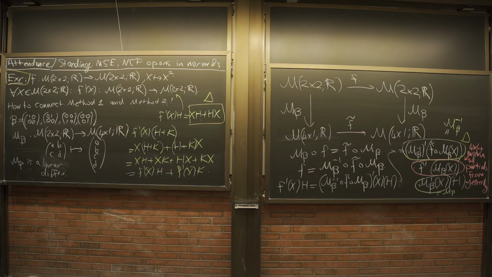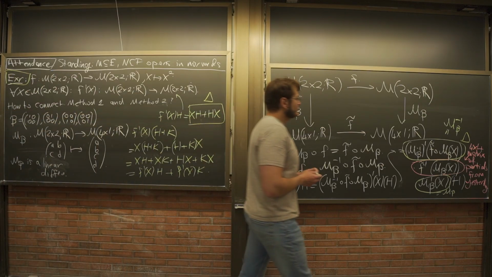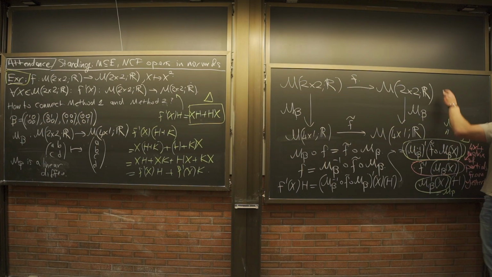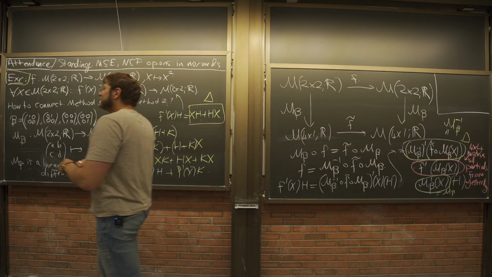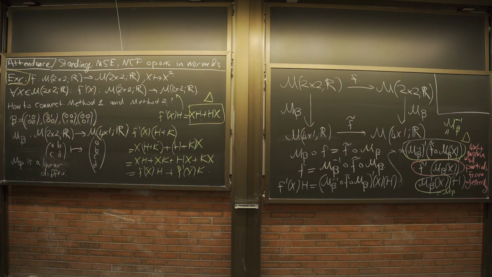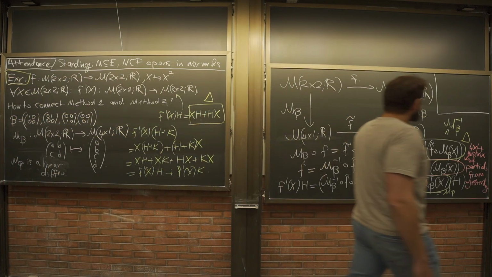Another exercise I would like to give. This is a nice exercise, and I was hoping that I could perhaps do it in class, but I want to move on. Very nice exercise is to compute the derivative of determinants. Okay. So now, let's say it's from the space of 2 by 2 matrices to reals. So it's a scalar function. What is a derivative?